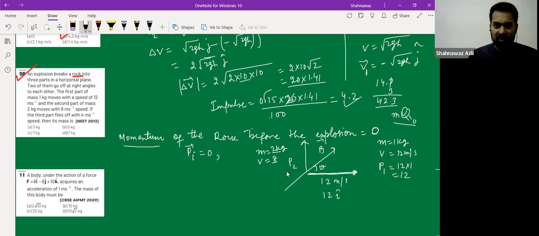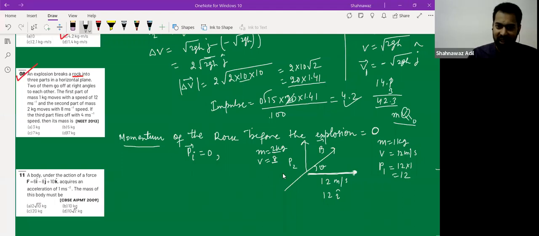So what will be the momentum? 16. Yes, 16. So this is simple, right?